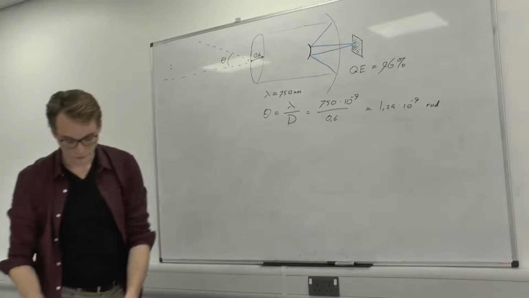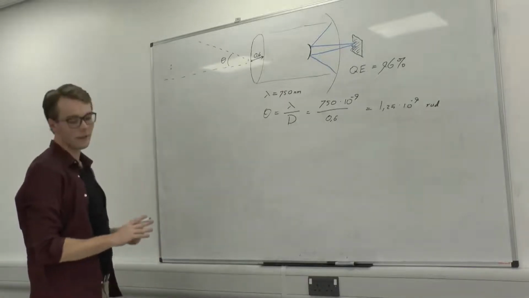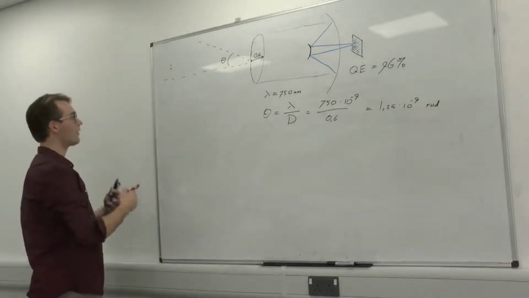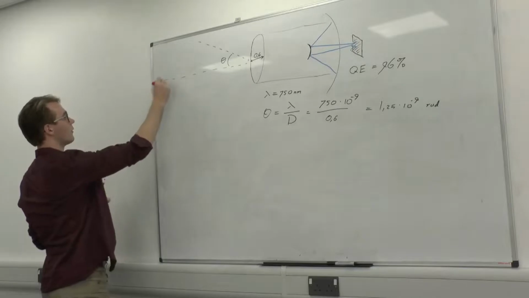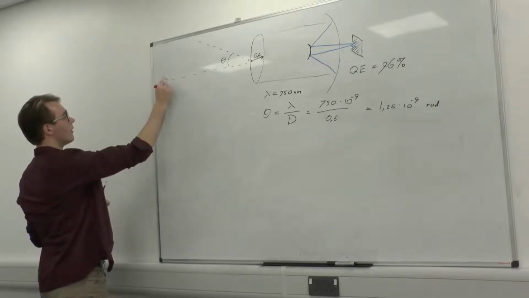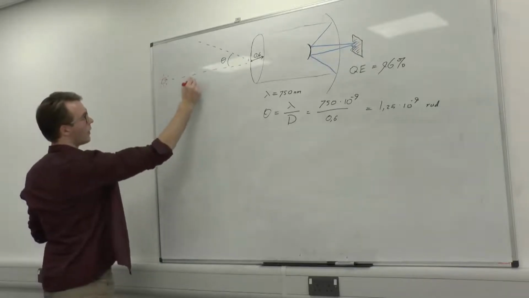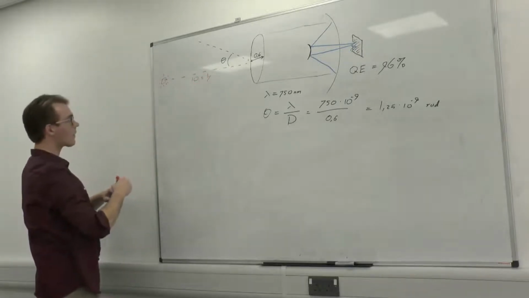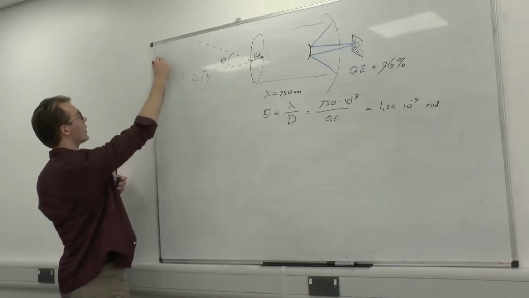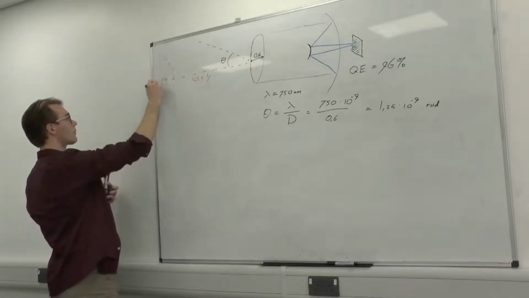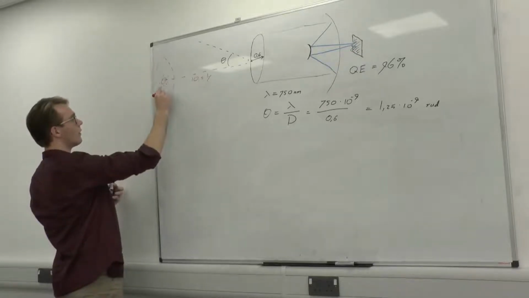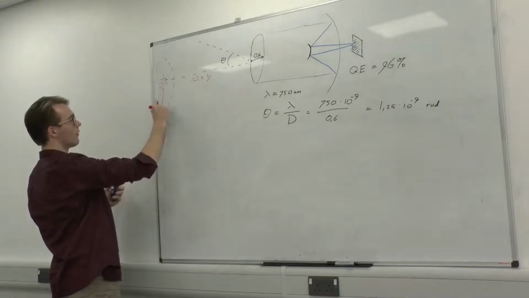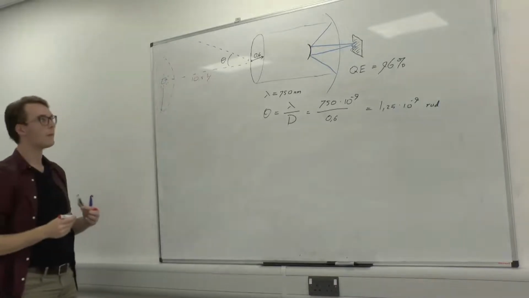And then the third question is, now imagine that you're looking at an exoplanet, a planet around a star that is 10.5 light years away. There is a planet circling around that star in an elliptical orbit.